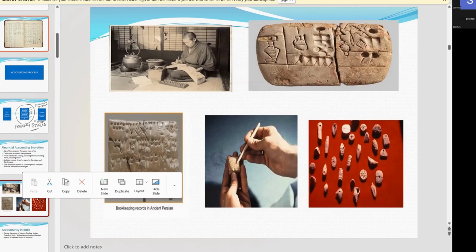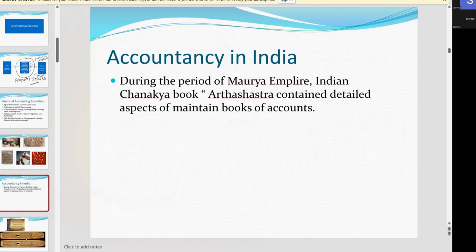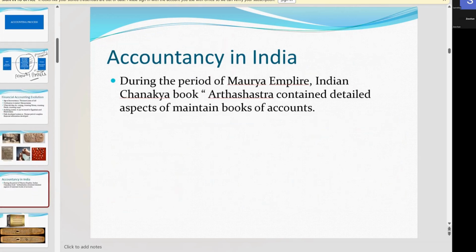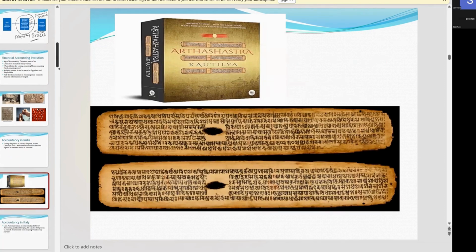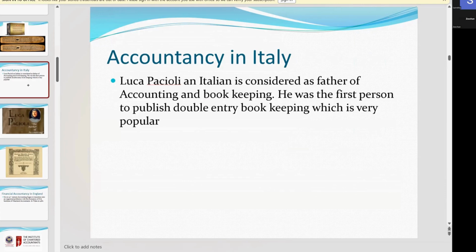In India, during the Mauryan Empire, accountancy started with the Arthashastra, and the book looked like this. In Italy, the bookkeeping process started, and Luca Pacioli is the father of accountancy.